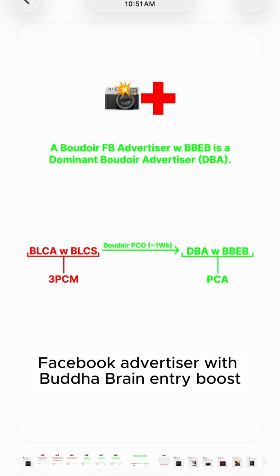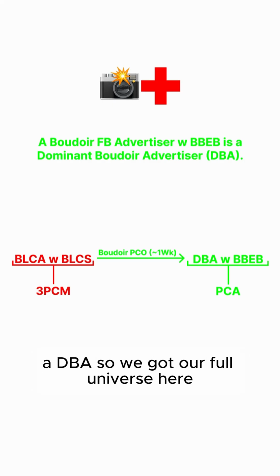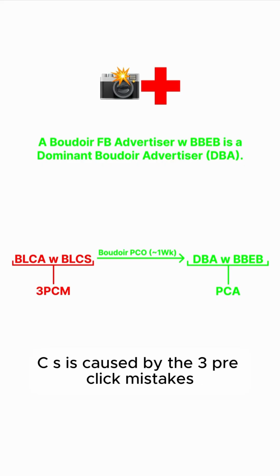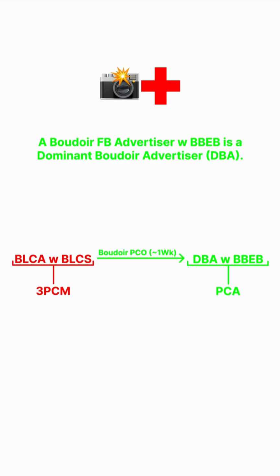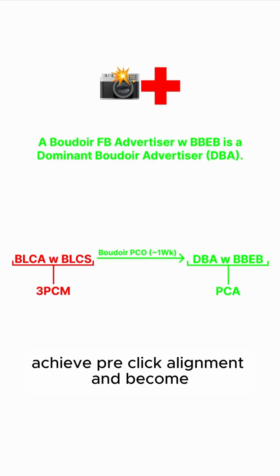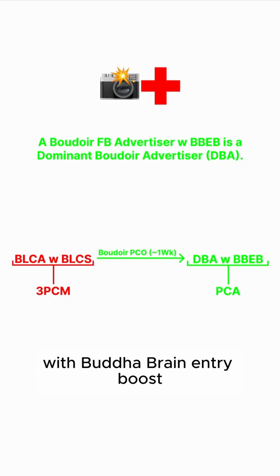And a Boudoir Facebook advertiser with Boudoir brain entry boost is a dominant Boudoir advertiser, a DBA. So we've got our full universe here: a BLCA with BLCS is caused by the 3 pre-click mistakes. It's easy, treated with Boudoir Pico, takes about a week. Achieve pre-click alignment and we become a dominant Boudoir advertiser with Boudoir brain entry boost.